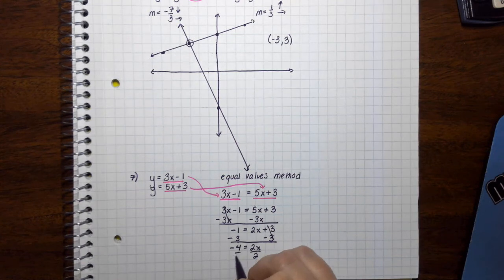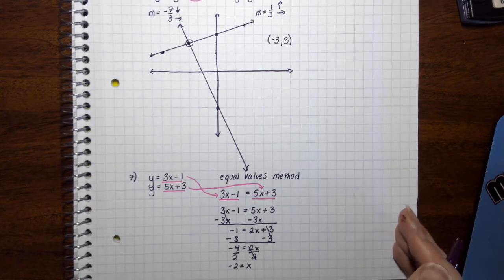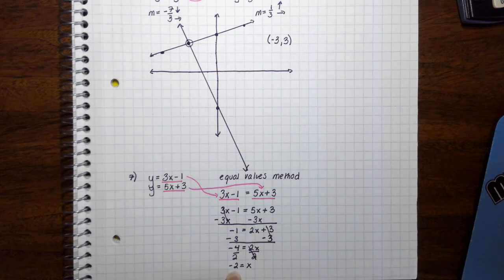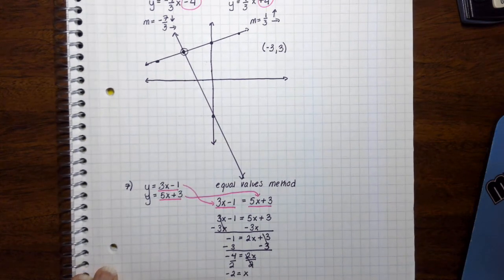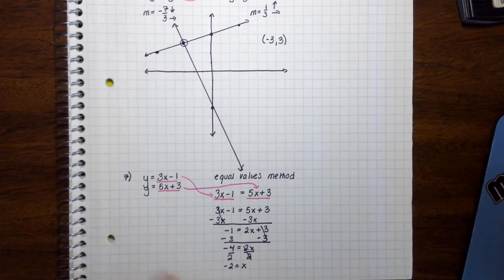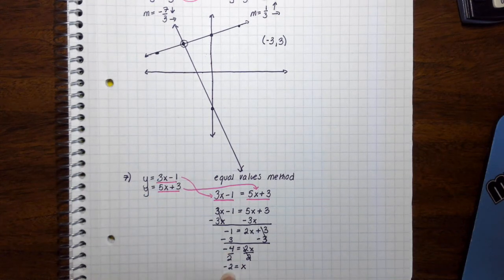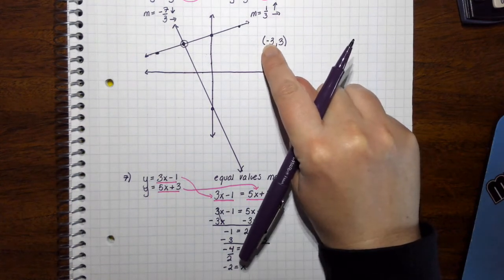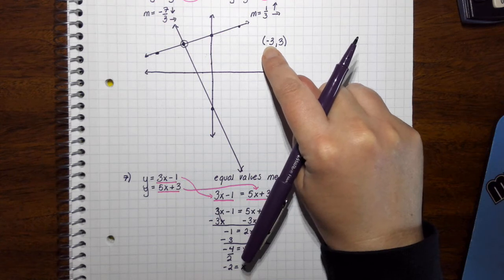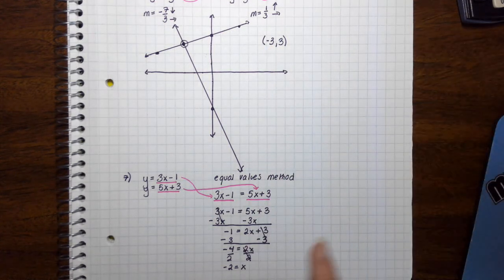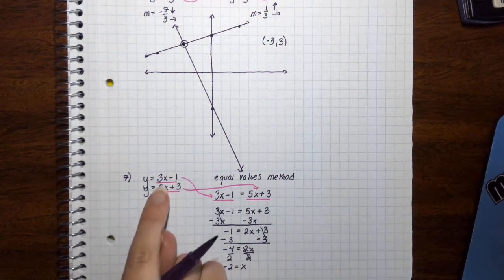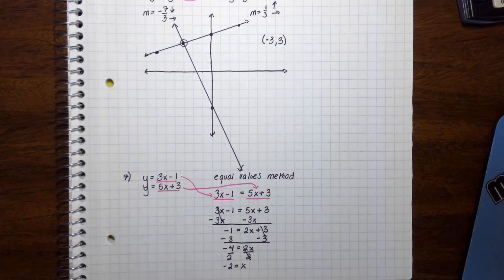And then divide by 2. So I got x equals -2. Okay, what I want you to know is that if I were to graph these two lines, they would cross. The coordinate would have -2 in here for x. Also, -2 is the x that works for both of these equations with a particular y.